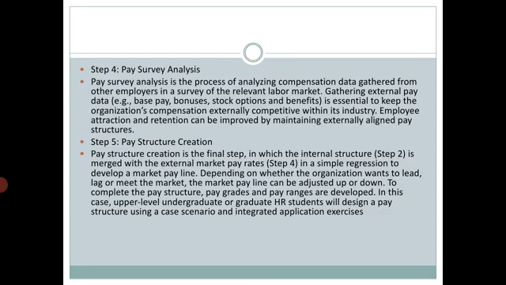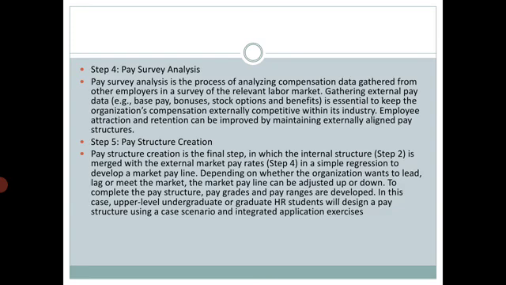The survey of the relevant labor market is obtained. Employee attraction and retention can be improved by maintaining externally aligned pay structures.